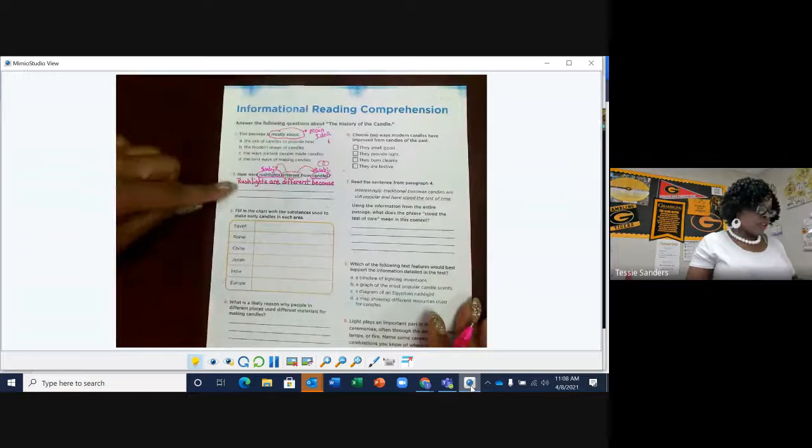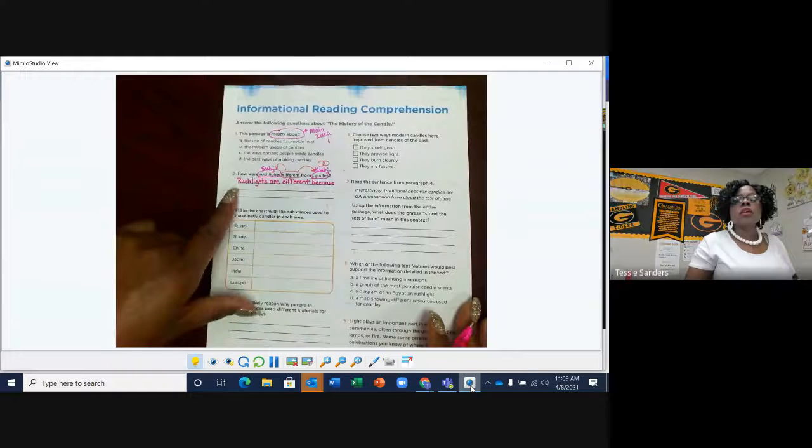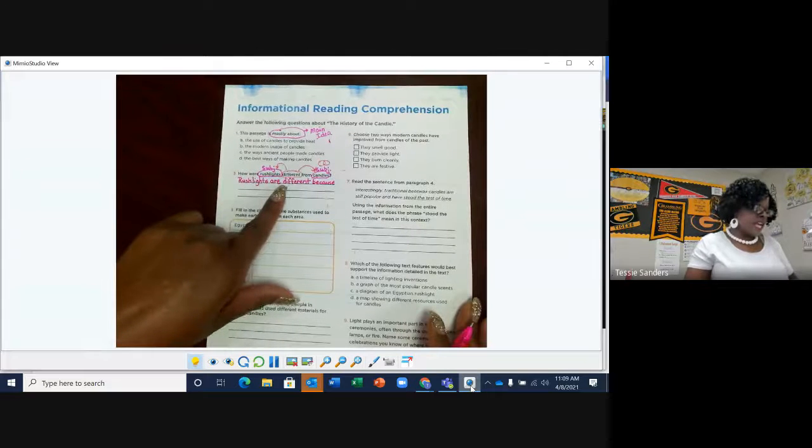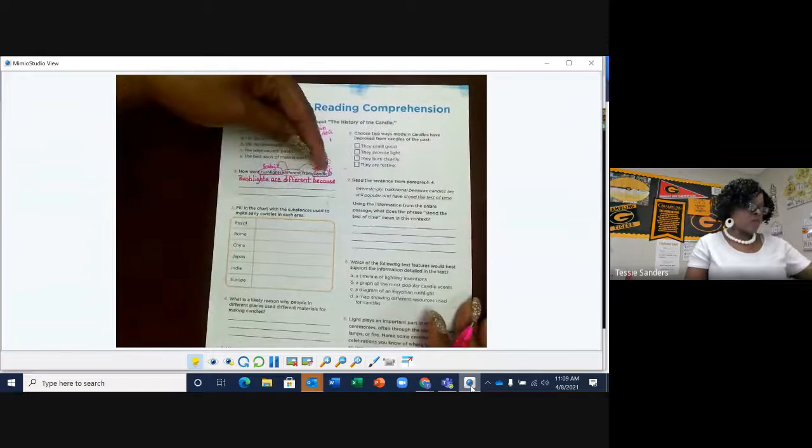So you started the statement, rushlights are different because, and you're going to give a detail from the text, and then you're going to complete this short answer response with one detail as to how candles are what?